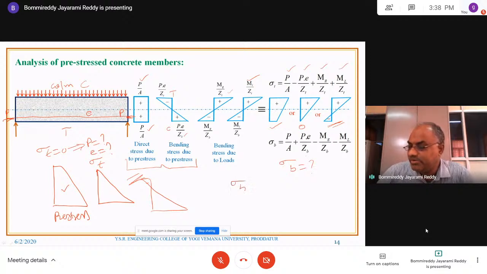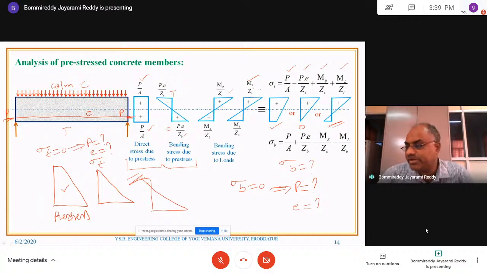Sometimes the condition may be that if the stress at the bottom is equal to 0, then what is the magnitude of P or what is the magnitude of e, or any other unknown parameter can be the question. So ultimately, these four magnitudes of the stresses are more important, and this diagram is more important.